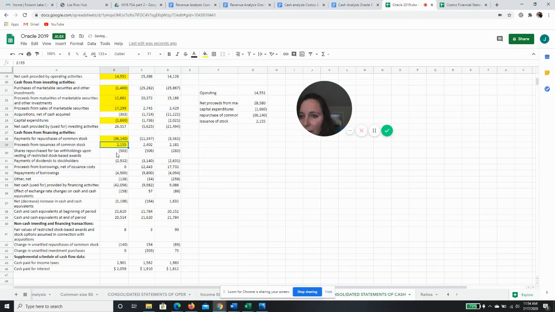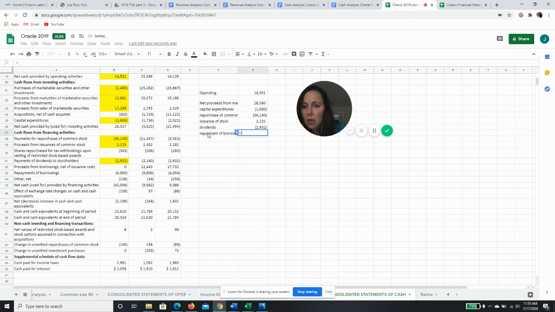And what else do we have here? I'm going to skip the 503 for right now. Dividends. We paid some cash dividends. As a shareholder of Oracle, I received some cash dividends, which was nice. And then we have here repayment of borrowings. We basically paid on a loan.